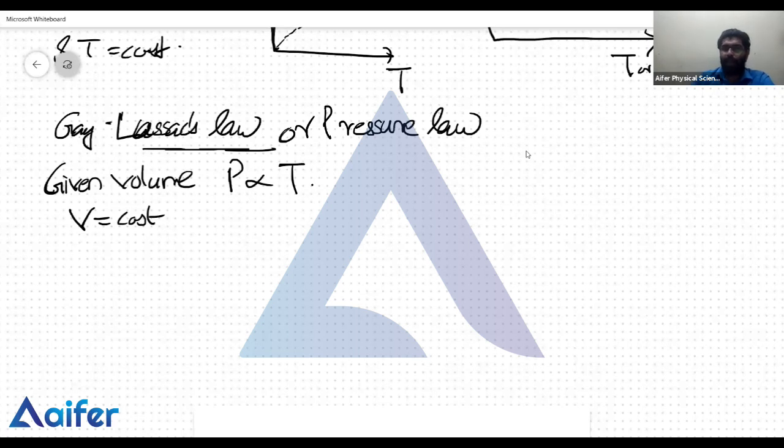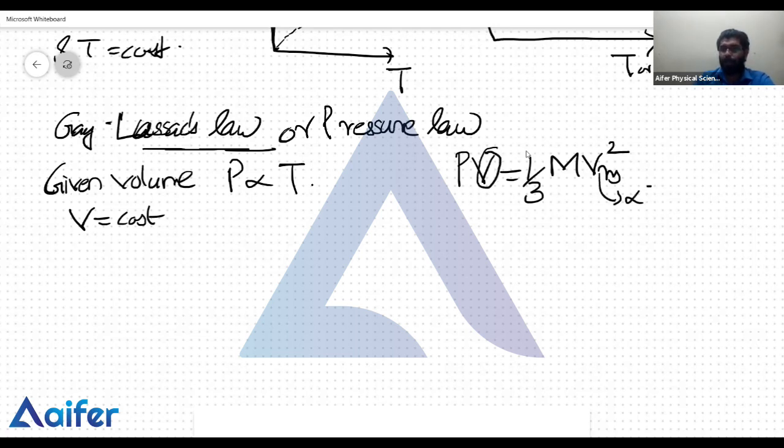From kinetic theory, we know that PV equal to 1 by 3 m Vrms square. We are fixing our volume, so Vrms is proportional to temperature. m by 3 is again a constant. Therefore, P proportional to T will come from the kinetic theory of gases.